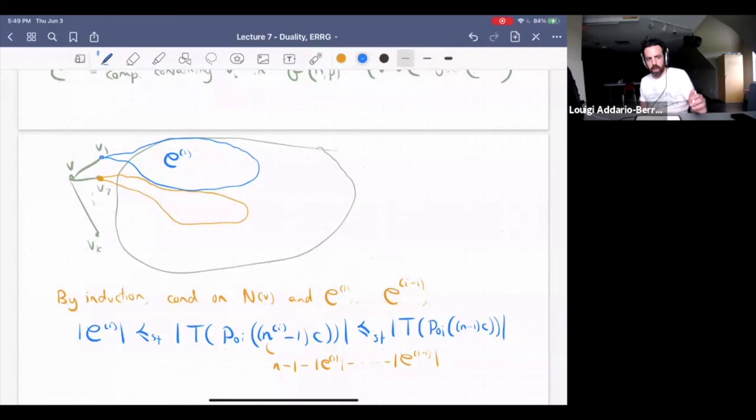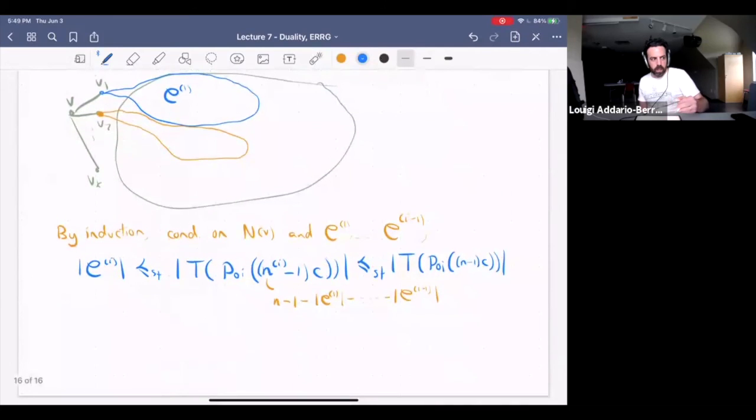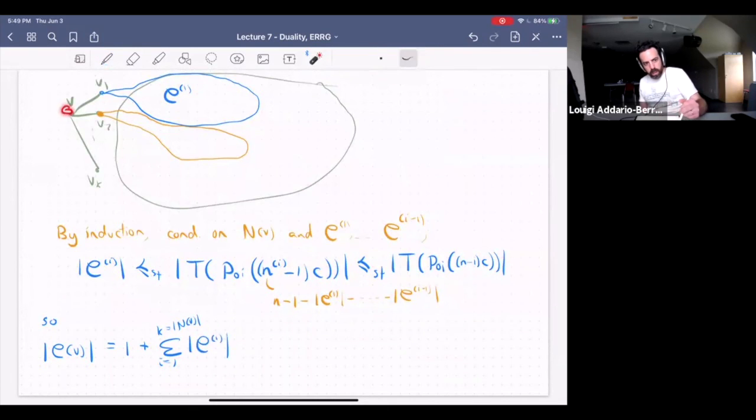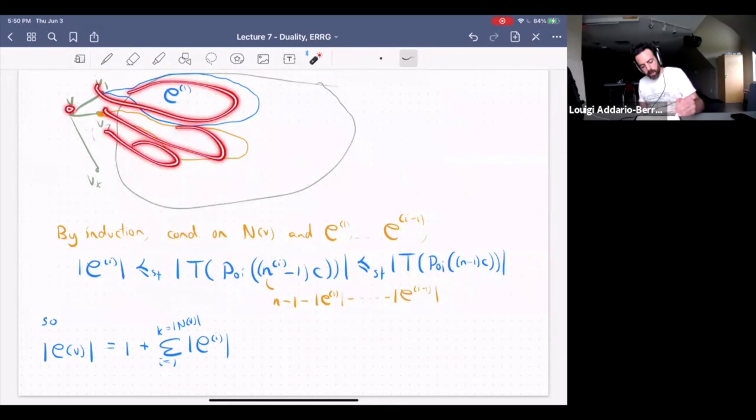And it's important that that's true even after I condition on all this information. Because that's true even after conditioning, the size of C_v is exactly 1 plus the sum from 1 up to k, which was the size of N_v, of the size of c_i. The component containing v just contains v plus all of these pieces.